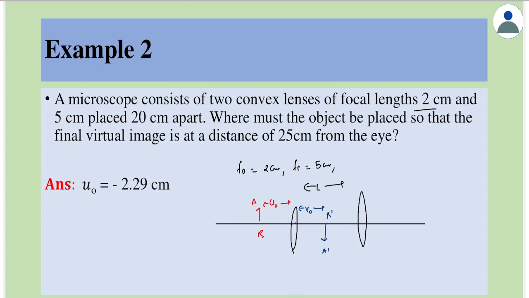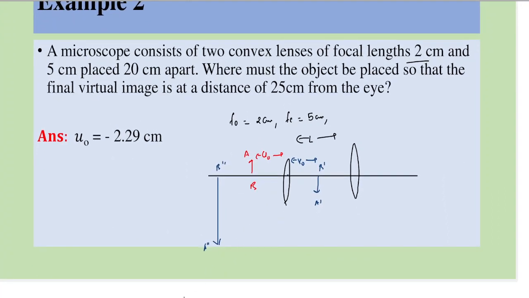And the final image is formed somewhere here, like this. We called it as A double dash, B double dash. The distance from here to here was given as UE because the image formed because of the objective acts like a virtual object for the eyepiece, and this distance is called as VE. You can go back and look at the expression derived in the theory classes.